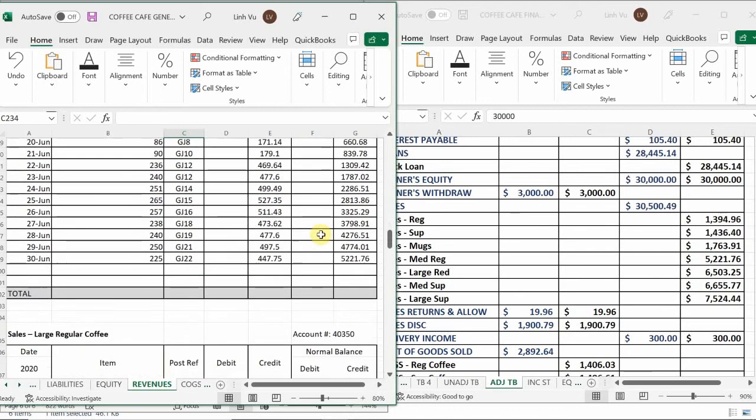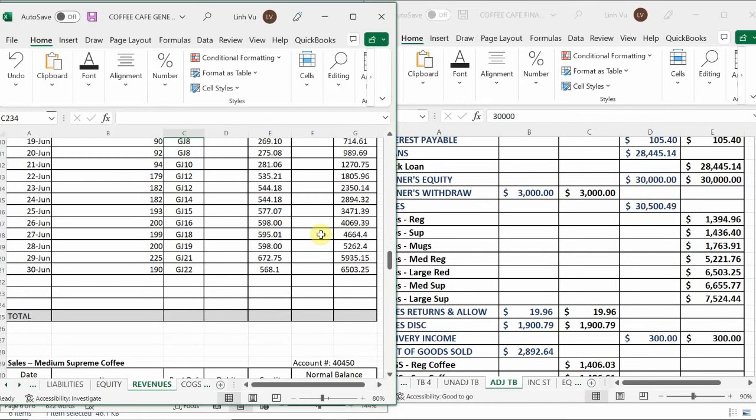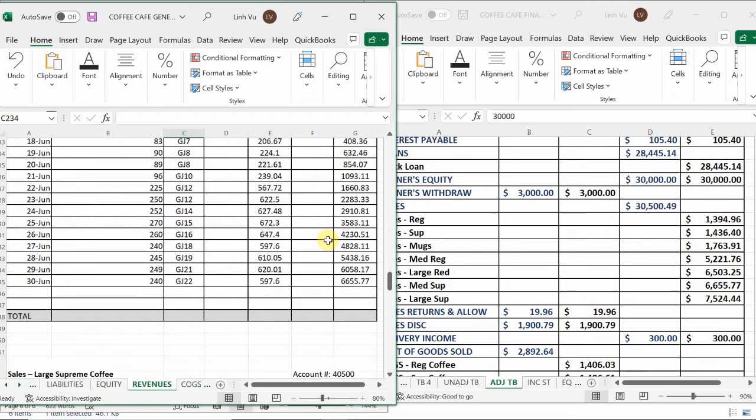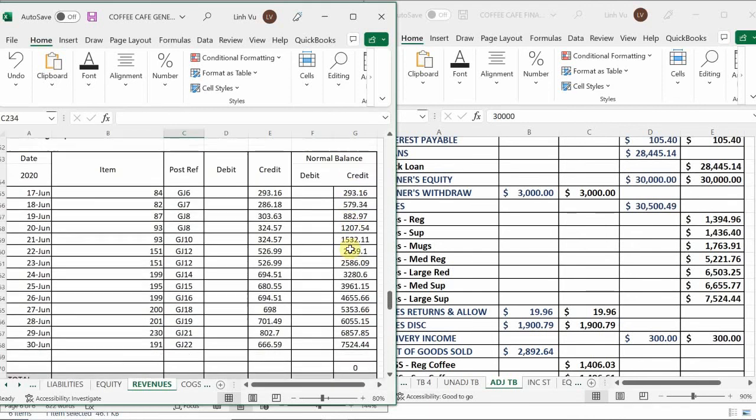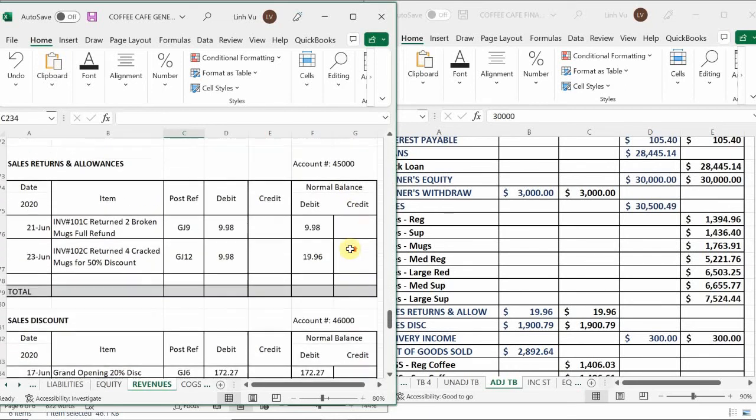My medium regular is still at 5,221. Large regular is still at 6,503. Medium supreme is still at 6,557, and my large supreme is still at 7,524. So yes, my sales has not changed.